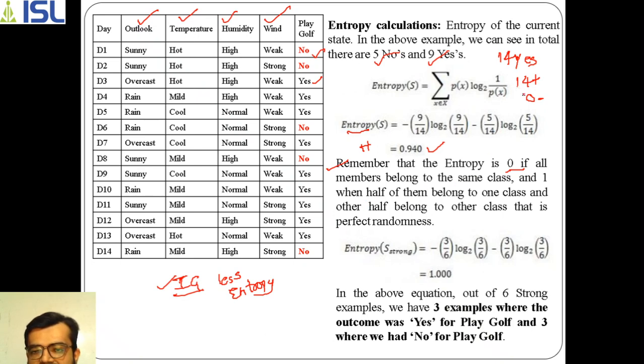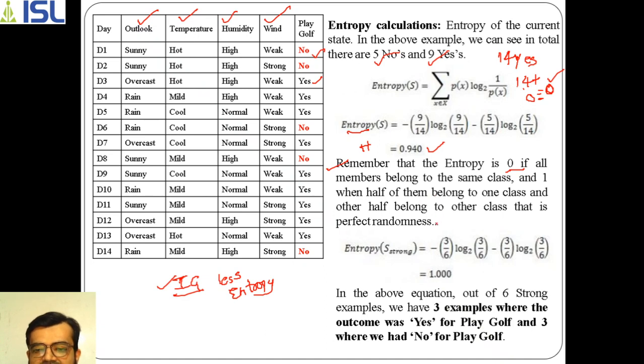So if the case is 14 plus and 0 minus, the entropy will be 0 because there is no impurity, only positive values. Or if we have only negative values, then also the entropy will be 0, because entropy measures impurity, and if all values are either positive or negative, the entropy value will be 0. You need to remember that point.